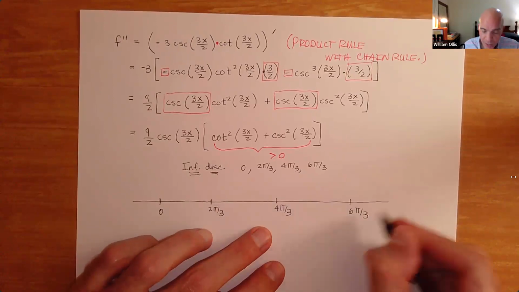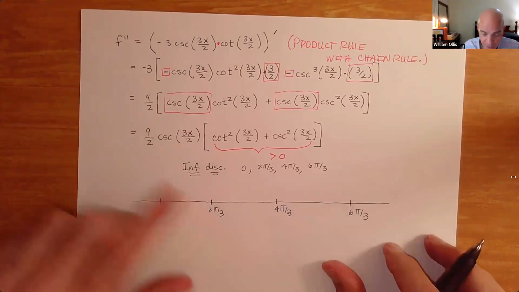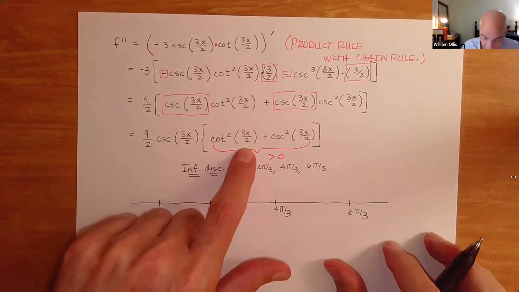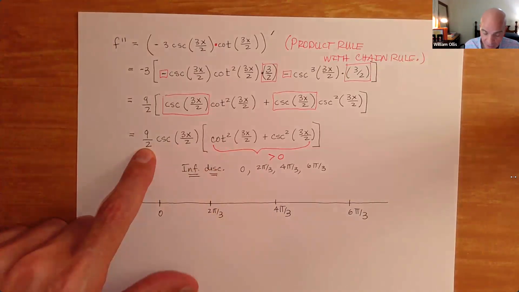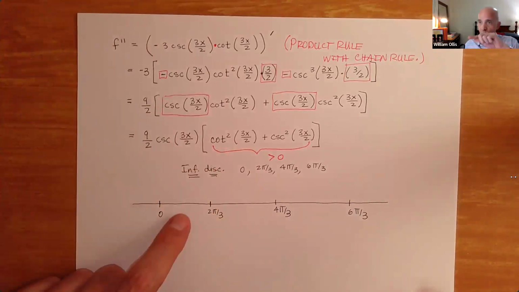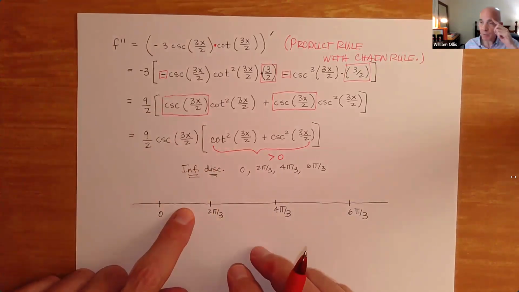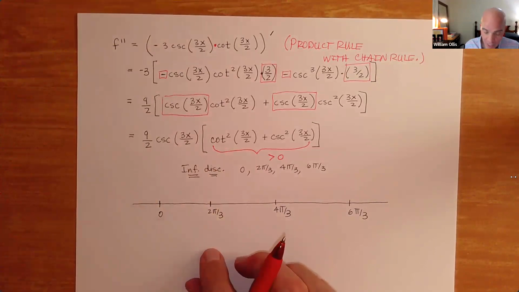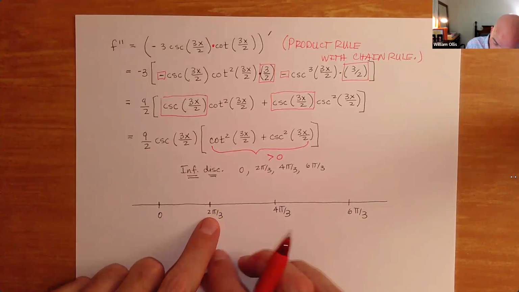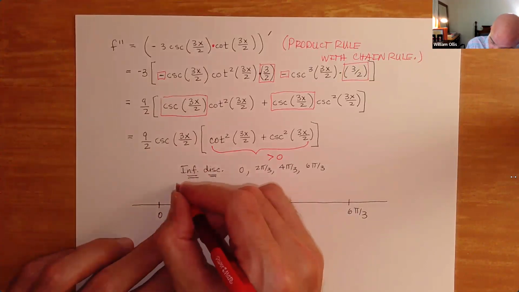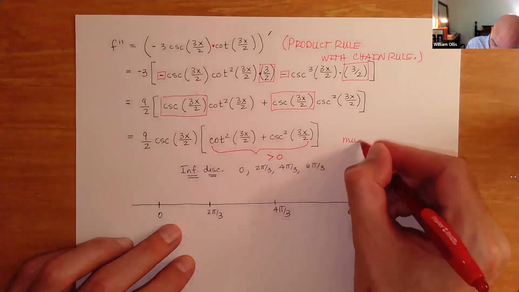So now notice here, this is always positive. The 9/2 is positive. And then, of course, we just think of the sine function in this interval where it's positive. It's always positive in the upper arc, or at least in the first half of the period. So we've got positive here. And notice again, multiplicity 1. Okay.